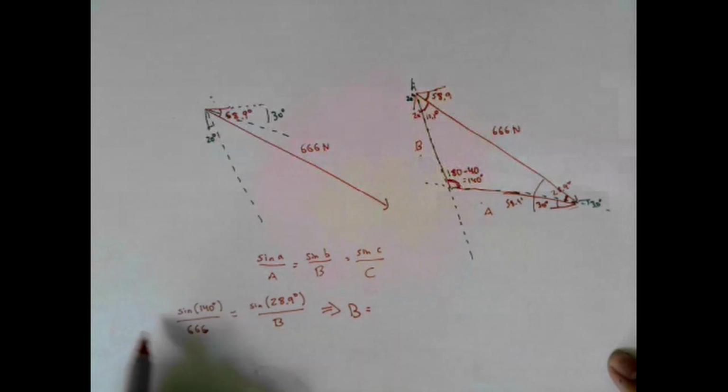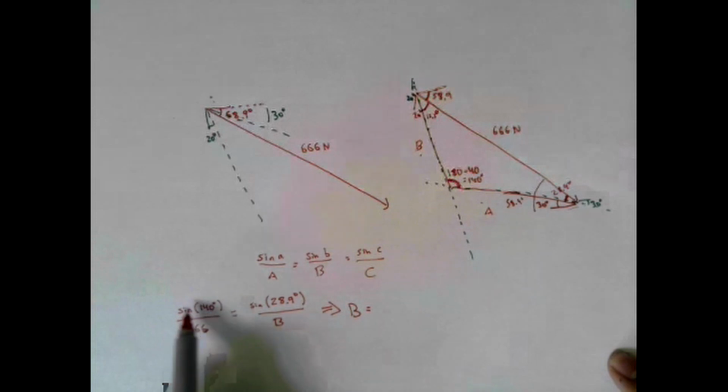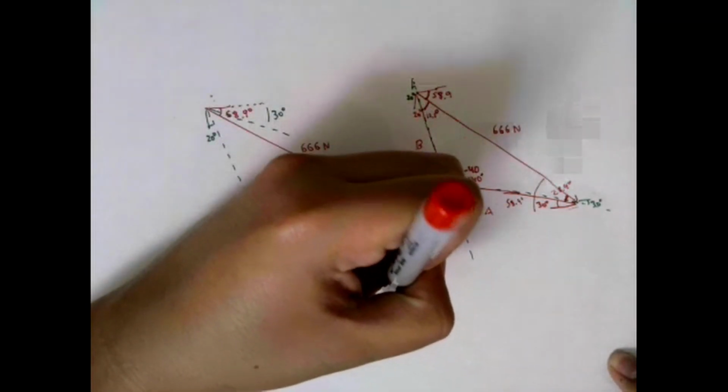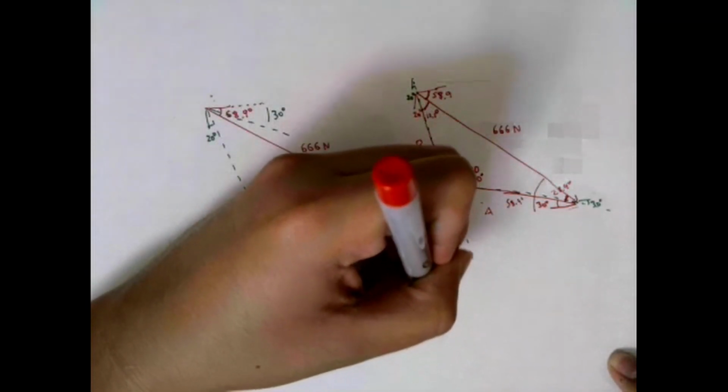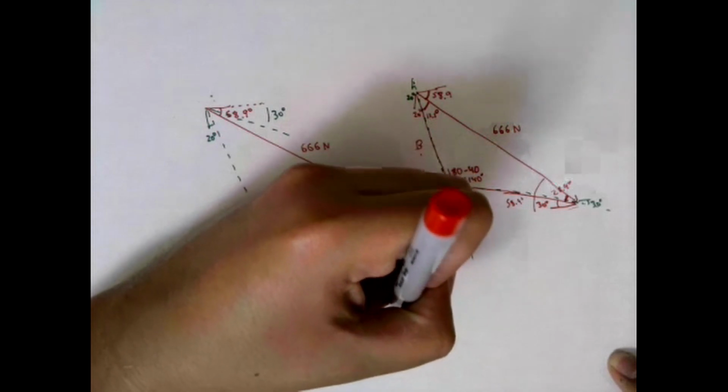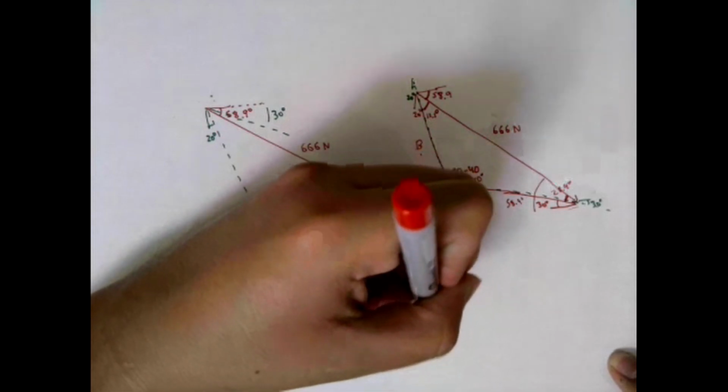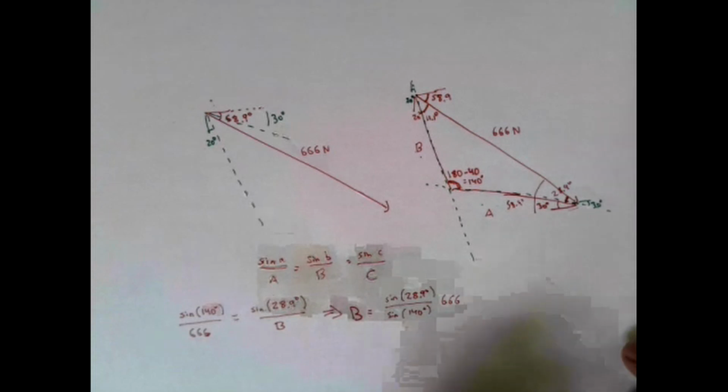So I would multiply both sides by B, so I can have B on this side, and then divide both sides by sine 140 over 666. What that would give me is sine of 28.9 degrees divided by sine 140 over 666, and I just put the 666 in the numerator.